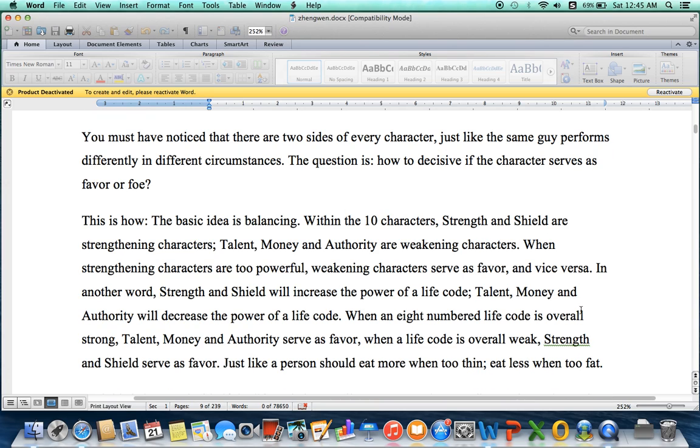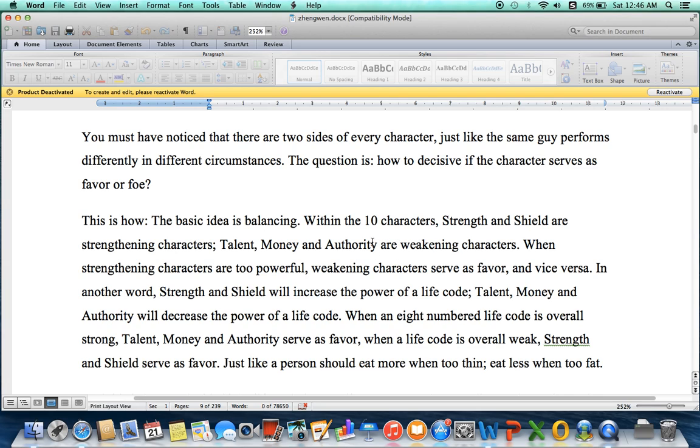So it's like dividing all things into 2 groups. Strength, shield, and the self-code are one side. Talent, money, and authority are another side. If one side is strong, the other side serves as favor.